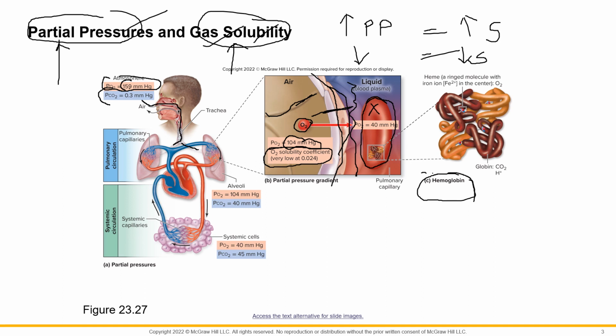Heme is red or iron, globin is a protein. So hemoglobin is a large protein that has 4 iron ions. Here's unit 1, 2, 3, and 4. Each hemoglobin molecule can transport 4 oxygen molecules.